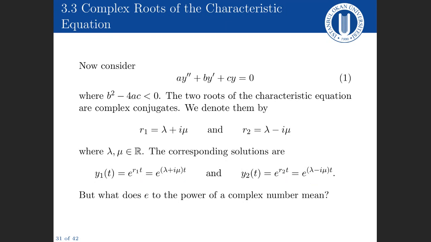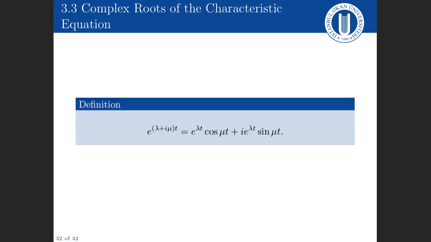But you're perhaps wondering, what does e to the power of a complex number mean? We have a formula for this. e to the power of a complex number, (lambda plus i mu) t, is equal to e to the lambda t cos mu t plus i e to the lambda t sine mu t.